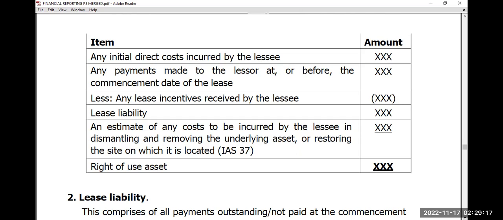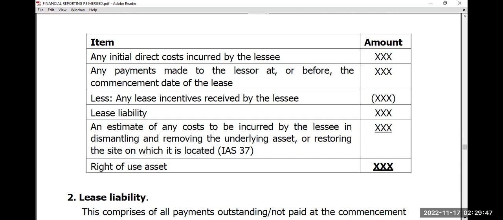Because when you're looking at the accounting for these leases by the lessee, at the initial recognition, the lessee accounts for two items. That person will account for the right of use asset, that is the actual asset in use, and the lease liability.